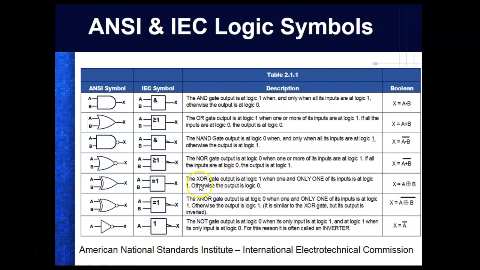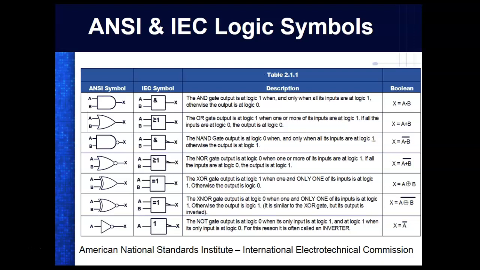For the exclusive OR, we get a 1 if they're not equal. And exclusive NOR here, we get a 1 if they are equal. So yeah, I think these are reversed. I'll go back and make sure I fix that. It's down at the bottom right there. But they're also reversed.